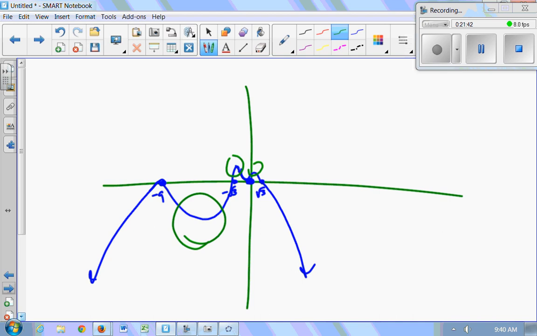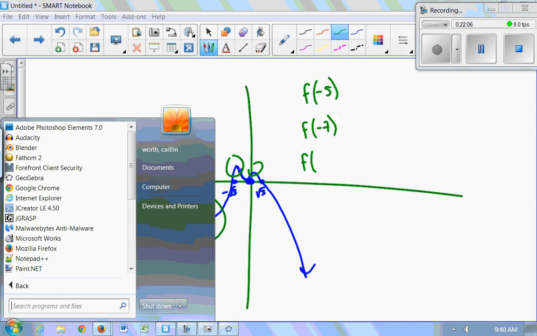But if you wanted to know, you could just plot a few more points, right? You could just say something between -√3 and -9. I could just say, well, what's f of -5? What's f of -7? √3 is like 1.5 something, I think. Let's check.